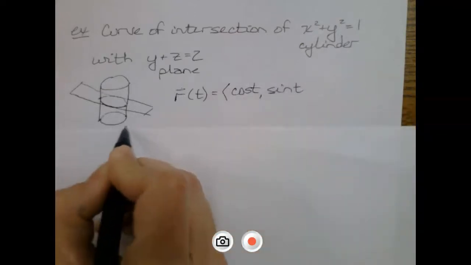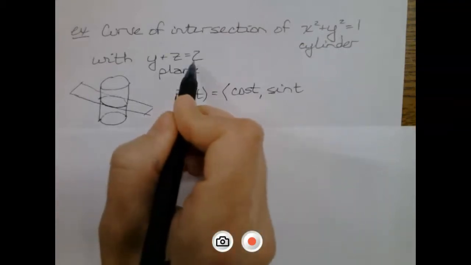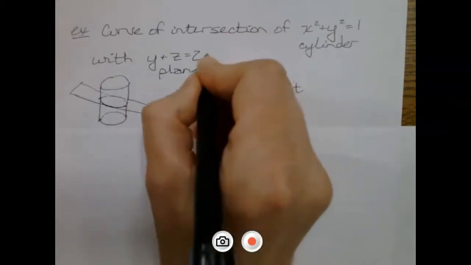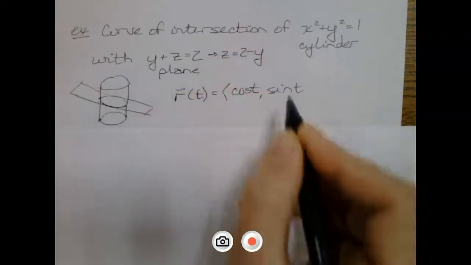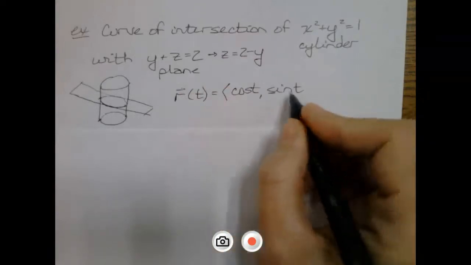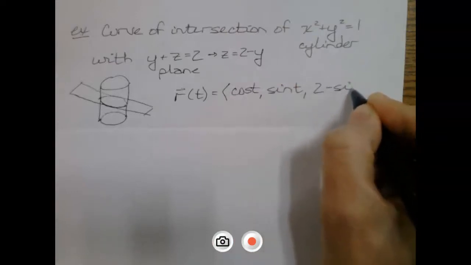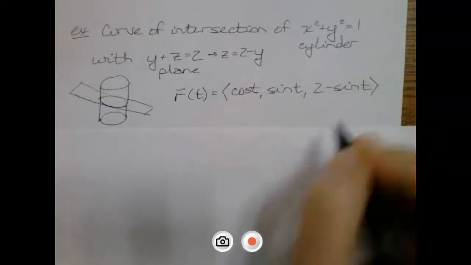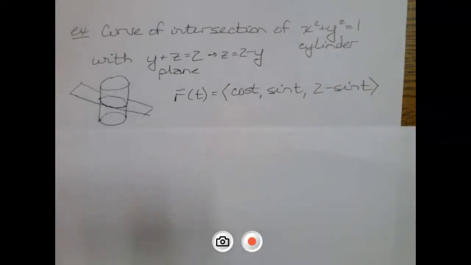That takes care of the cylinder part, that takes care of the circles. For z, well, I know y plus z equals 2, which means z equals 2 minus y. Well, I've already decided what y is going to be. Y is sine t. So z, 2 minus y. And that gives us this ellipse, this curve of intersection.